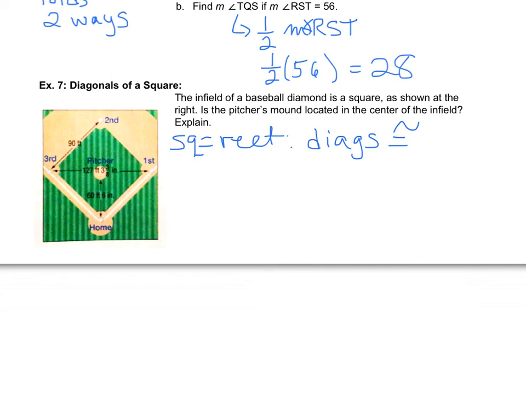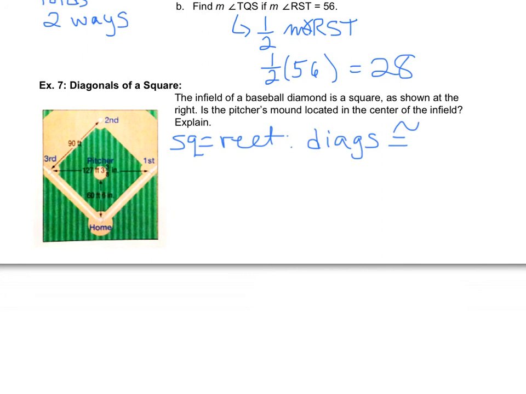So if the mound were going to be right in the middle of this diamond, then it should be right in the middle of the span from first base to third base, as well as from home to second base. And what we're told is that this distance right here is 60 feet and 6 inches.